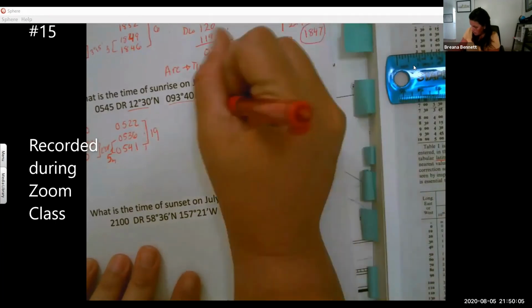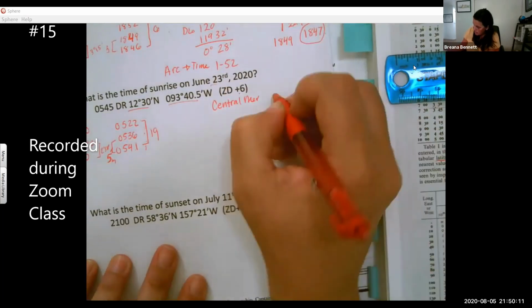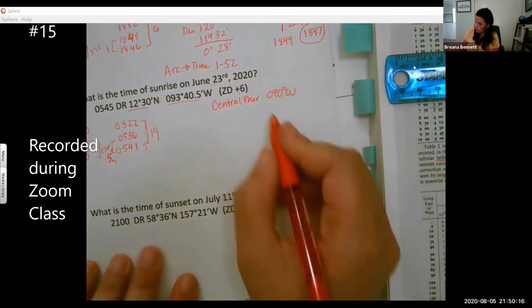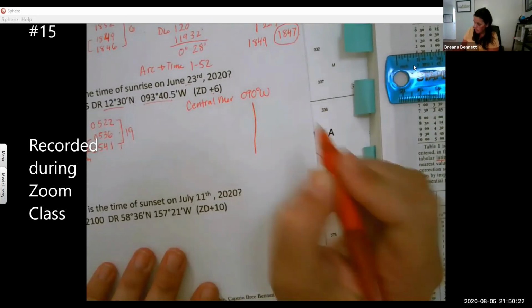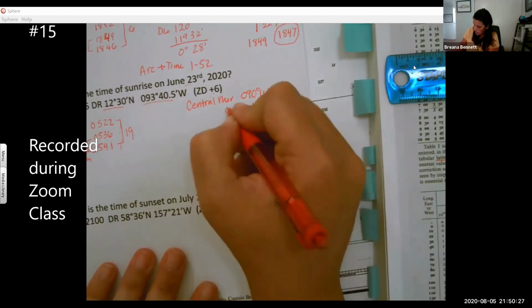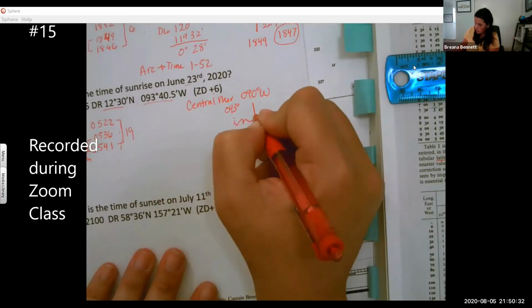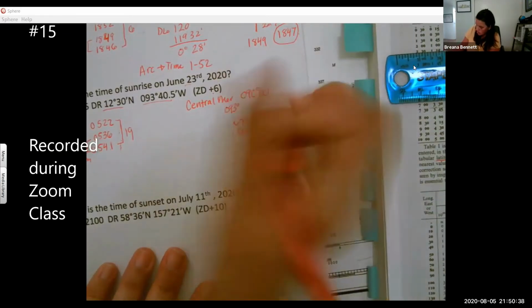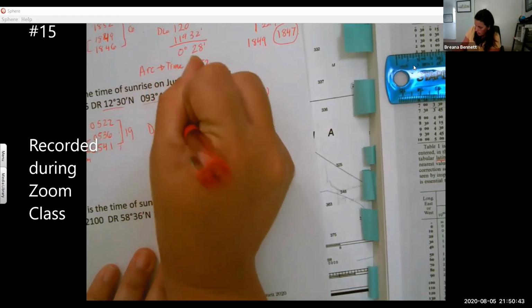So my central meridian is 090 degrees west. So I'm going to draw this out. 090 degrees west, and I am 093. I'm over here. So my DLO is going to be the difference between those two, so my DLO is 3 degrees 40.5 minutes.